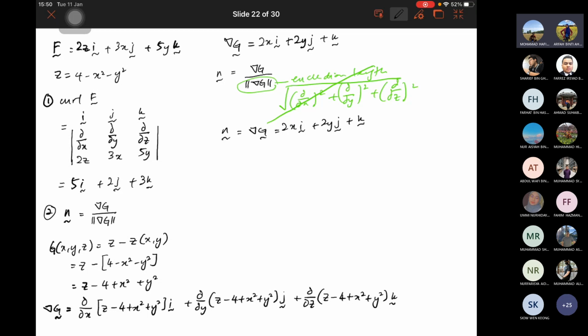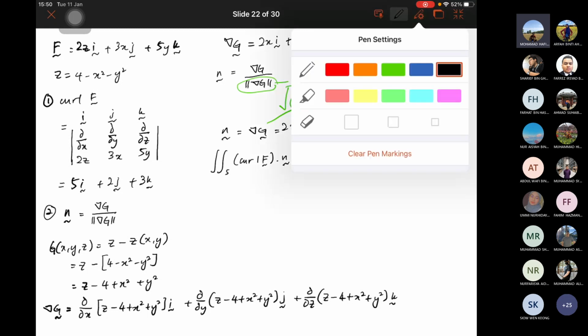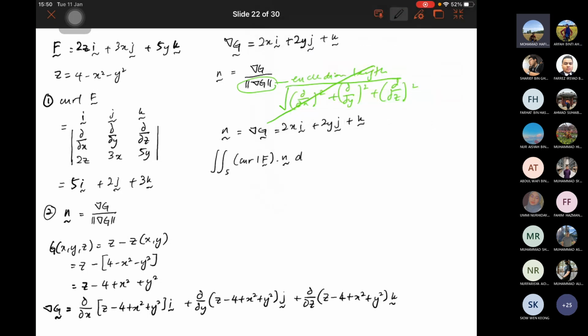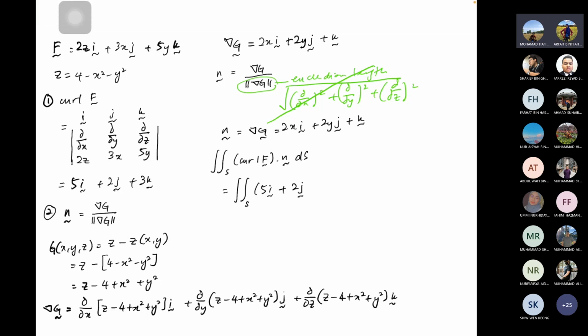Okay. So from here settle down the integration over the bounded region surface, curl f dot n ds, dia akan sama dengan integration over the surface S. Curl of f tadi kita dapat 5i tambah 2j tambah 3k, having the dot product with 2xi plus 2yj plus k ds.